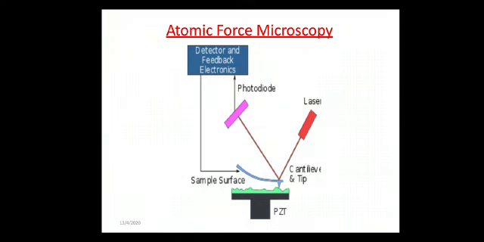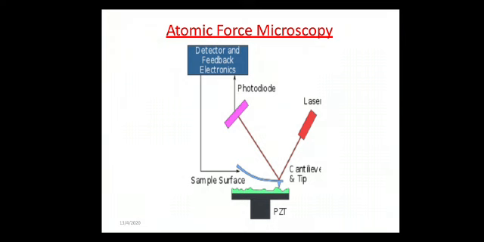And how we can get the images, also known as imaging modes. Here we have three types: contact mode, non-contact mode, and tapping mode. In contact mode, the tip is in intimate contact with the surface and scans across the surface. In non-contact mode, the distance between the tip and the surface is continually adjusted so as to maintain a constant deflection.